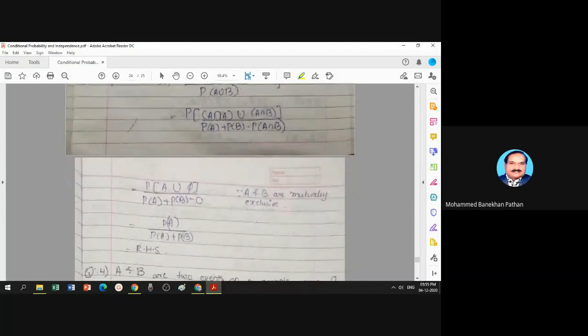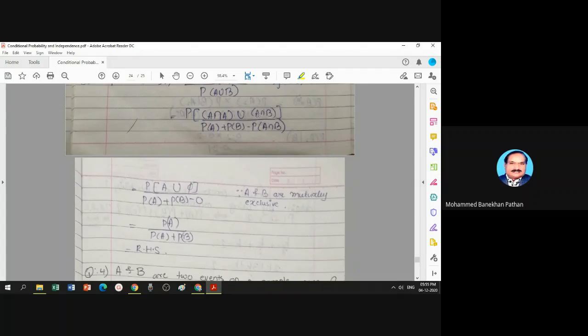Now what is A intersection A itself? That is A only. Union, the question says A and B are mutually exclusive. So A intersection B is phi. Don't write 0. According to set theory, 0 is an element.